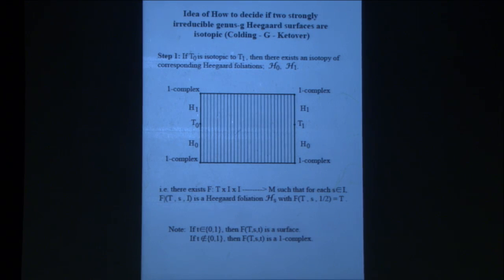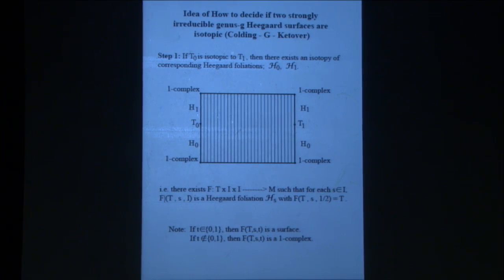And the fact is that if T0 is isotopic to T1, then there's an isotopy of the first Heegaard foliation to the second. And actually, that's a little trickier than you might think, but the fact is just the first approximation, the isotopy of T0 to T1 gives, by isotopy extension, an isotopy of the handle bodies, and then, up to certain operations, the one complexes are the same.